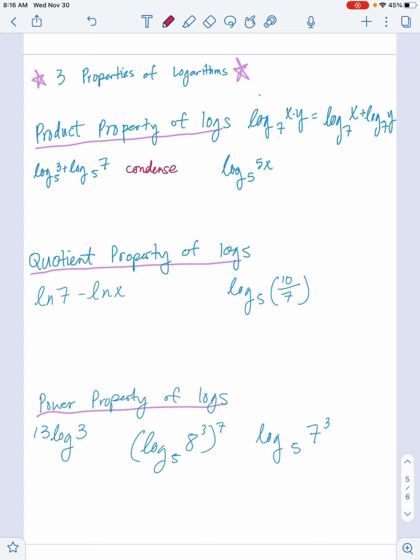I'm going to condense it down to a single log base 5, and the values inside each of the logs get multiplied together, 3 times 7. So my final answer would be log base 5 of 21.